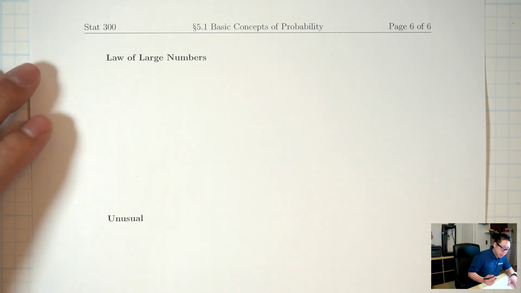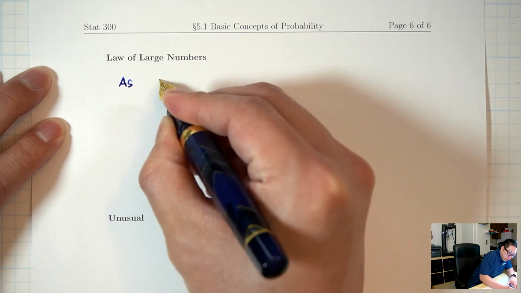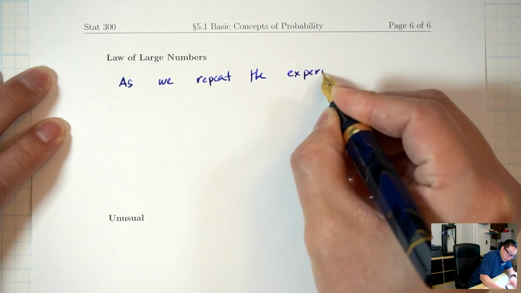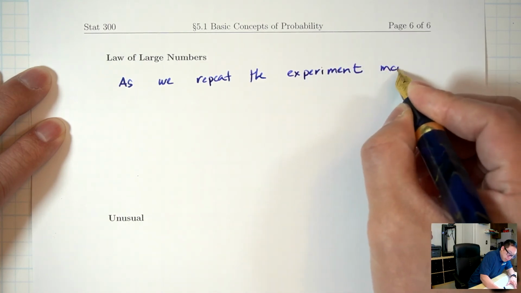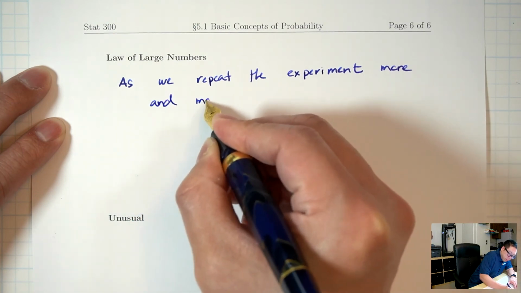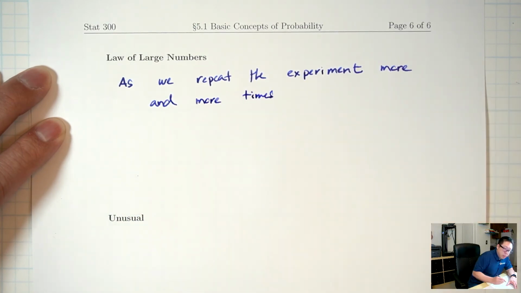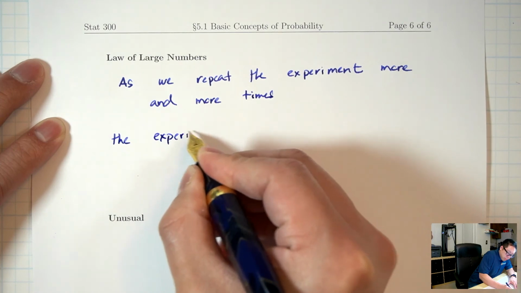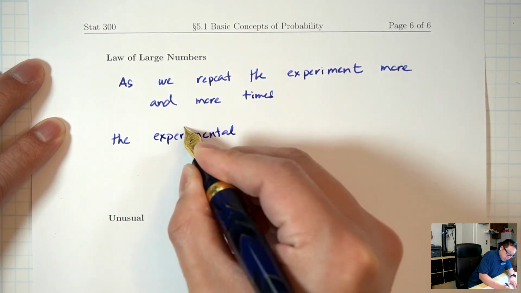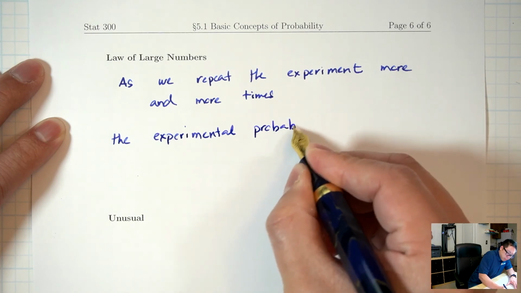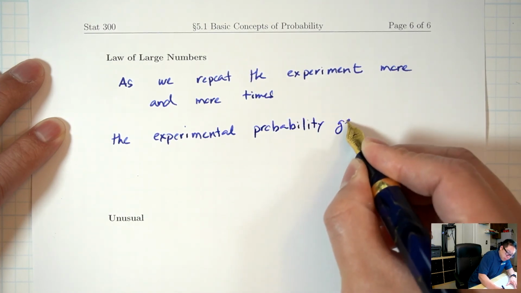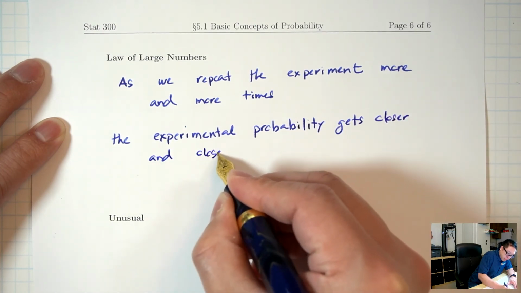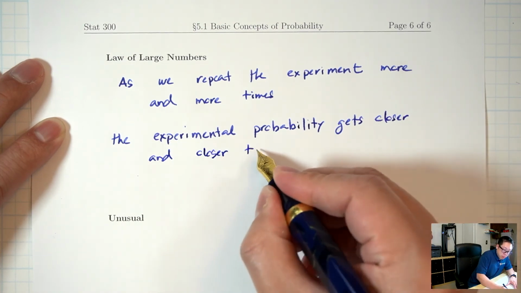So as we repeat the experiment many, many times, the experimental probability gets closer and closer to the theoretical probability.